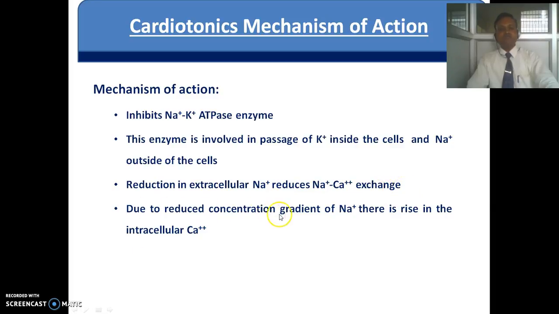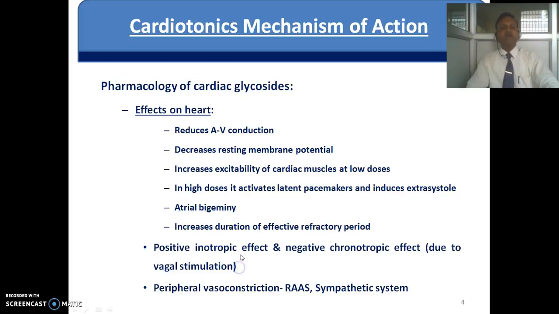Due to this reduced concentration gradient of sodium, there is a rise in intracellular calcium. This intracellular calcium releases more calcium from the inside store called the endoplasmic reticulum, and sufficient calcium is available for muscle contraction. This is how cardiotonics exert their action.